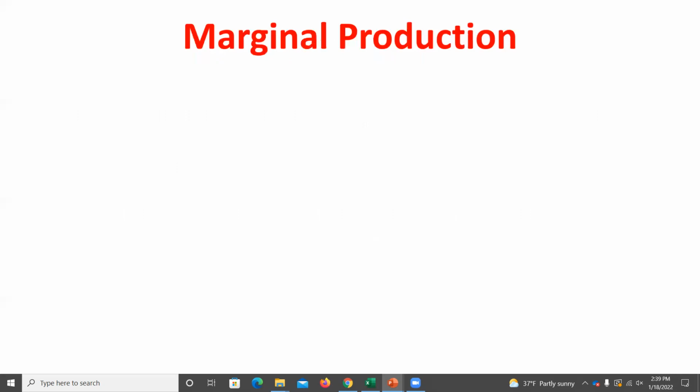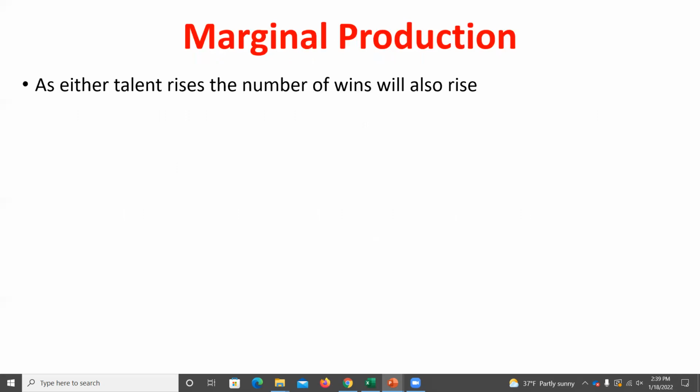Right? So what's my marginal production? If the talent rises, I'm going to increase the number of units of talent I have at different positions. Here, thinking about it simply, offense and defense, I might see an increase in the number of wins from that increase in talent.